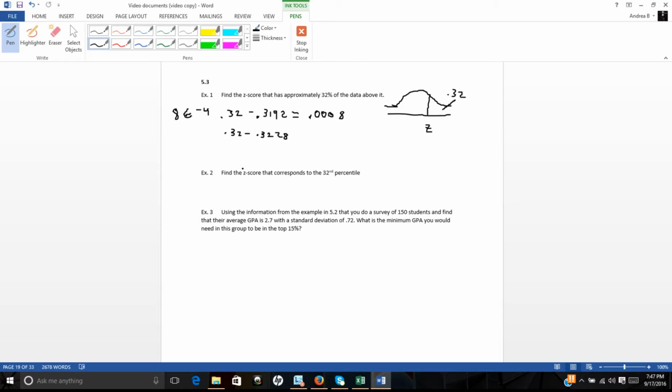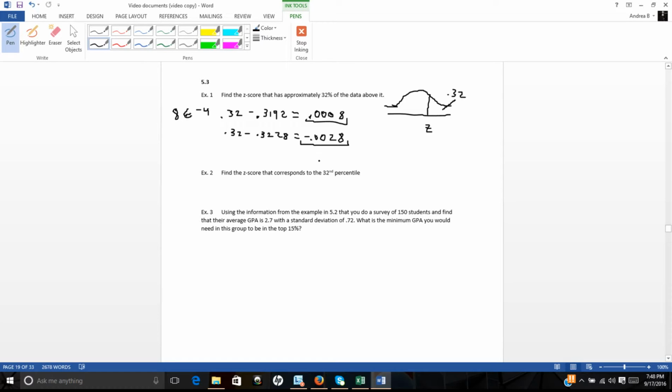And then we also want to do our 0.32 minus the 0.3228 there. If we do that here, we get negative 0.0028. Once again, you're just looking to see which one is closer to that number. So in other words, you're looking to see which of these two numbers here, whenever you subtracted it, are closer to 0 in absolute value.